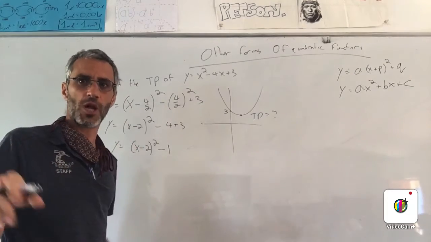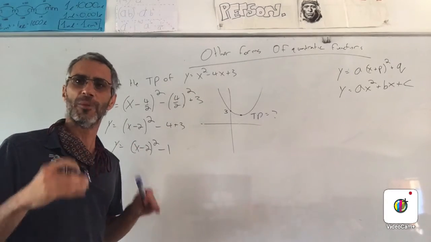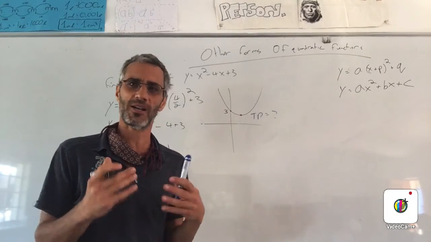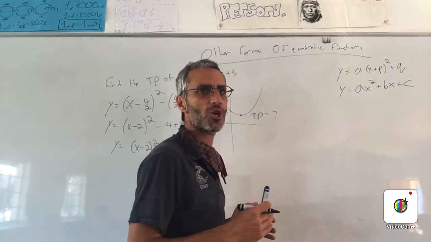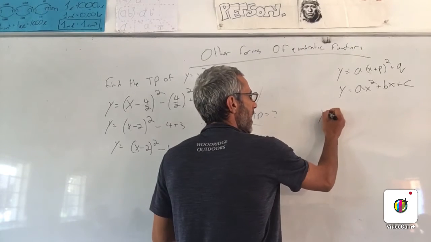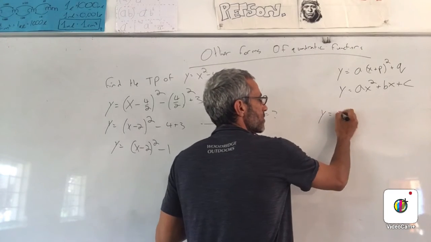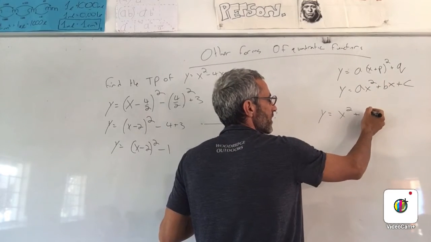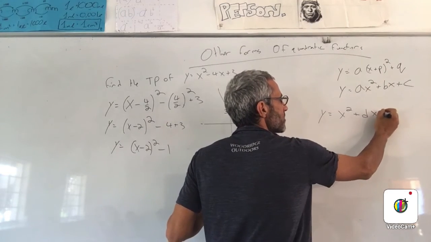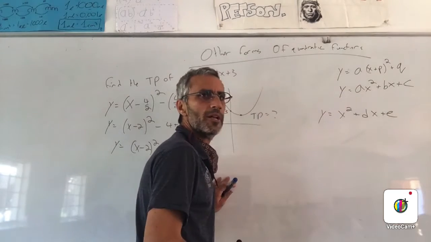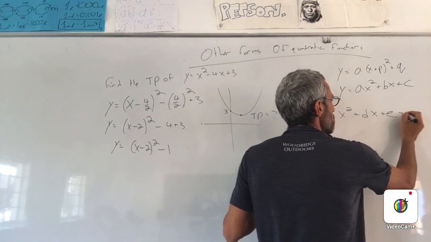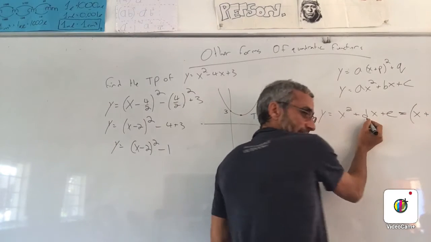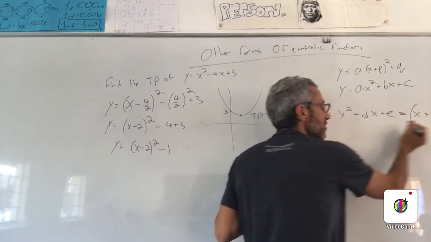As I said just now, we're going to see a trick that will make it a little bit easier, but you still need to know how to complete the square. So I will use this opportunity to remind you. If you have a quadratic expression that looks like x squared plus dx plus e, let's use different letters so you don't get confused. If you want to complete the square, you write down (x plus d over 2) squared. You take the number in front of the x and halve it.